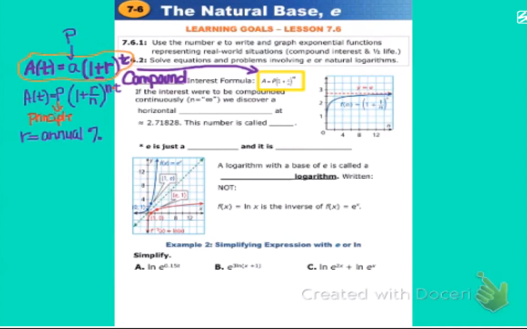They sometimes call it APR. n represents the number of compounding periods. So how often per year do they actually assess your account and pay you interest? Is it quarterly? Is it monthly? So n means number of compounding periods. And t represents the number of years that your money is invested.